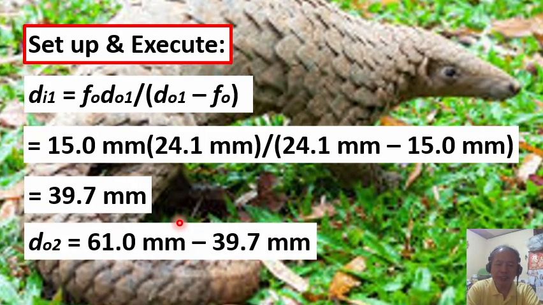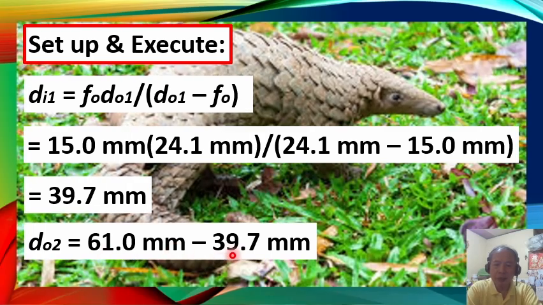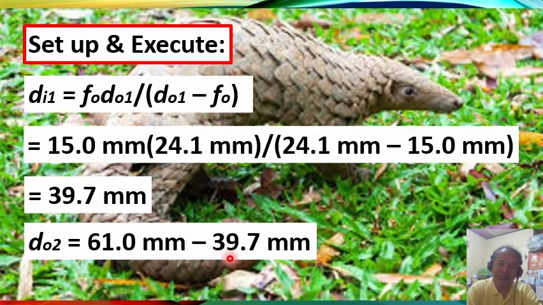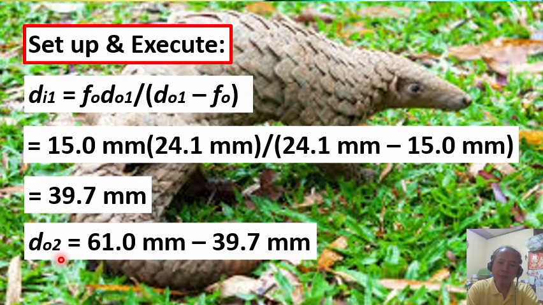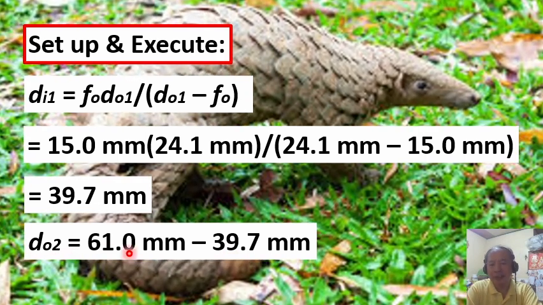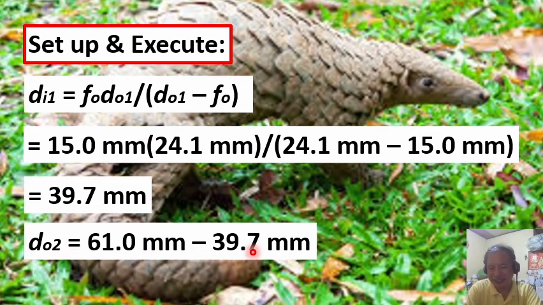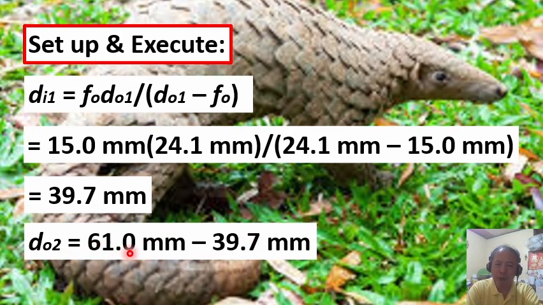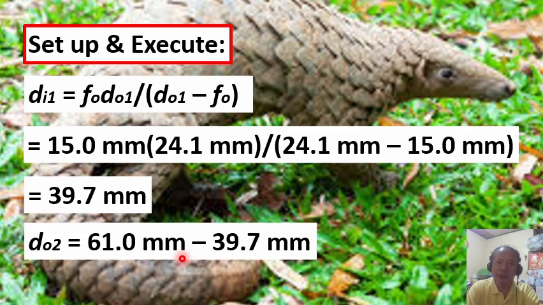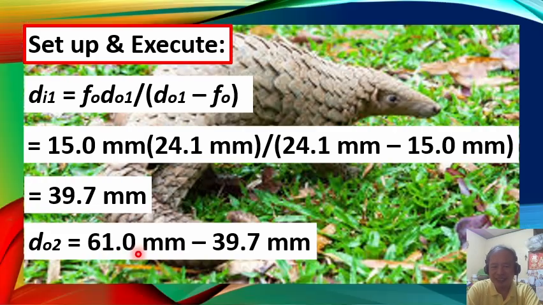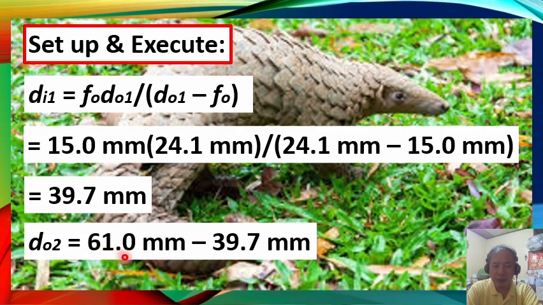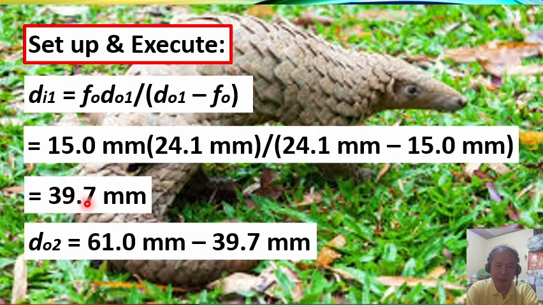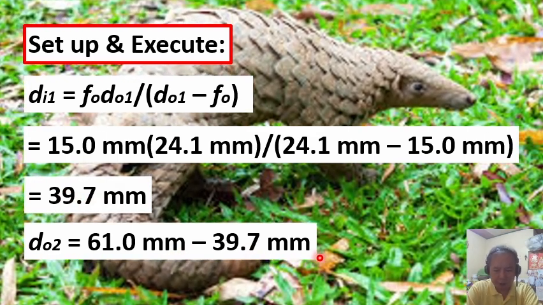We then proceed in getting the distance of the second object relative to the eyepiece, right? So what we do is just subtract the separation distance between the two lenses, given as 61.0 millimeters, minus 39.7 millimeters.